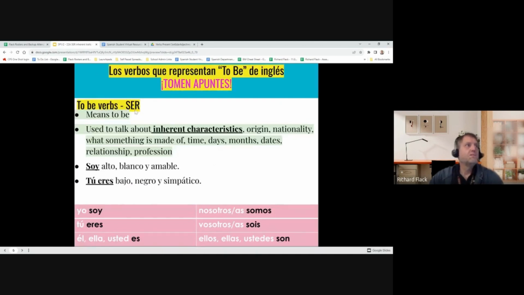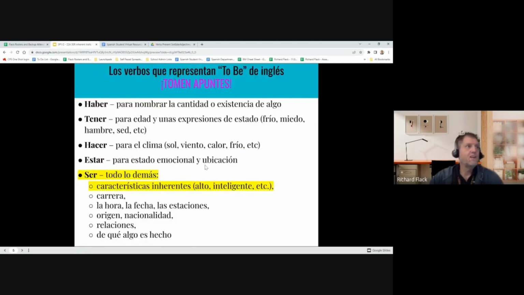Okay, the verb ser also means to be, right? So it can be very confusing that we have the verb haber, which means to have, but it can be used to mean to be. We have the verb tener, which also means to have, but it can mean to be with those special expressions and when we're talking about age. We have the verb hacer, which means to make or do, but it's used as to be when we're talking about the weather.